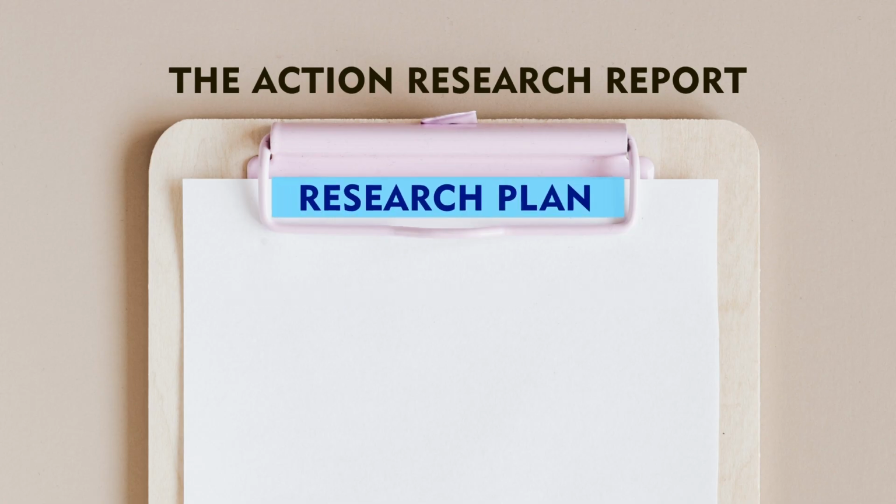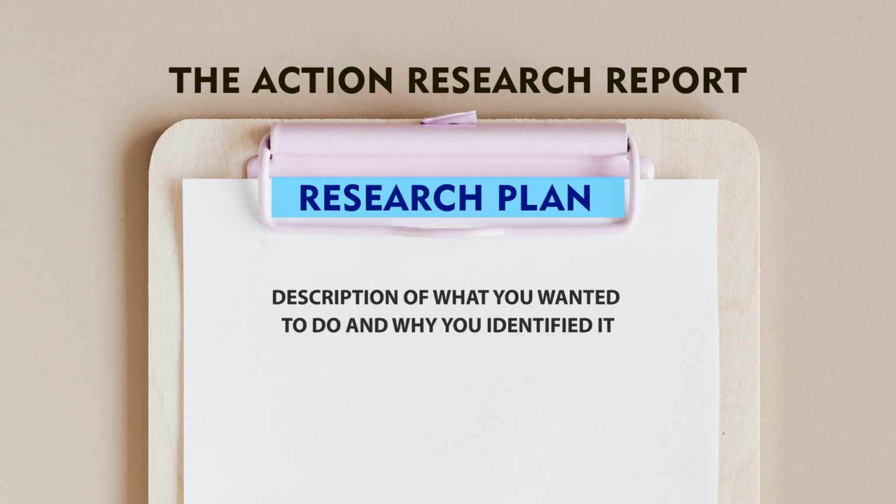Then you write your research plan. If you are preparing a research proposal, you write what you are going to do. If you are preparing your research report, you write what you have done, how you have elaborated the school context, what you wanted to do and why you identified that, you write a description of that.